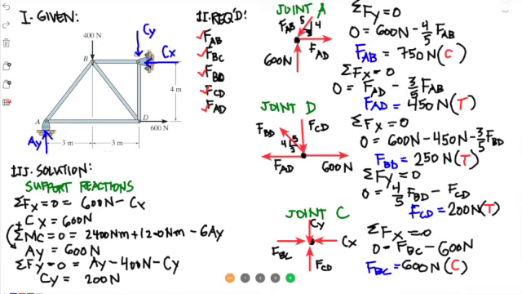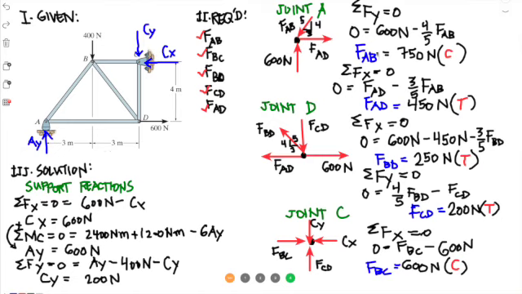For joint B, there's 3 unknowns. So we will stay away from joint B. For joint D, initially there is also 3 unknowns. We stay away from that. Okay, so you just go joint by joint to find the unknowns required for the problem.